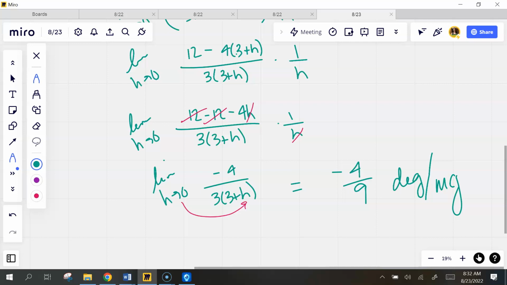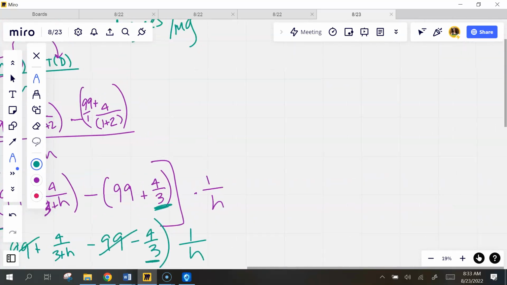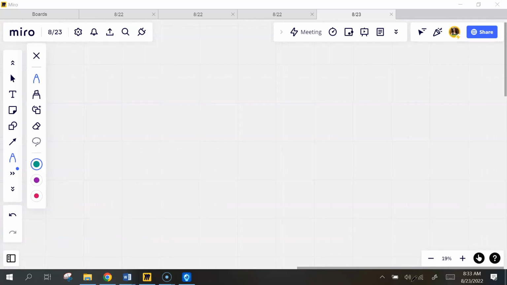Okay. What else on your homework? 32. Y'all think this was the hardest section?